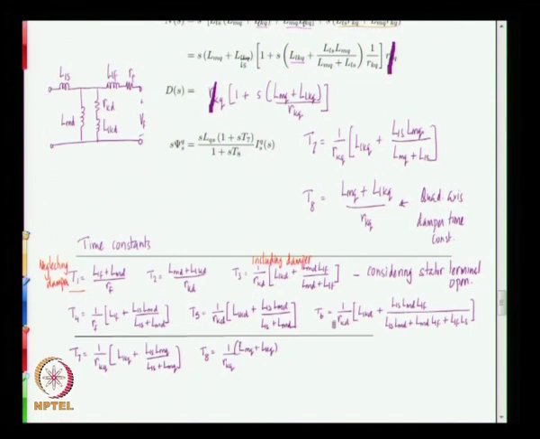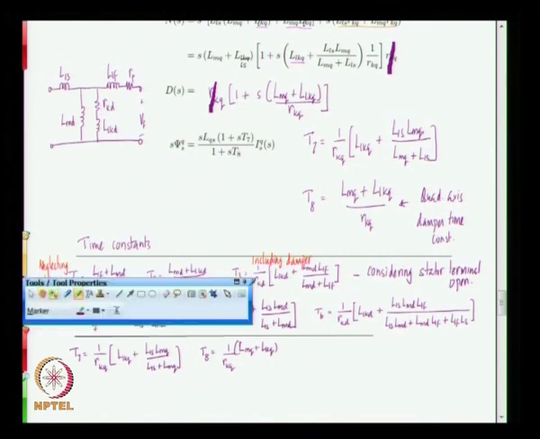And similarly, if you look at T6, T6 is obtained by again considering this to be a short, and you look at the inductance across RKD neglecting RF. If this is also a short circuit, then you have LLS in parallel with LMD in parallel with LLF, and that is this term, all of them occurring in series with LLKD. And then divided by RKD, that is what you have here.